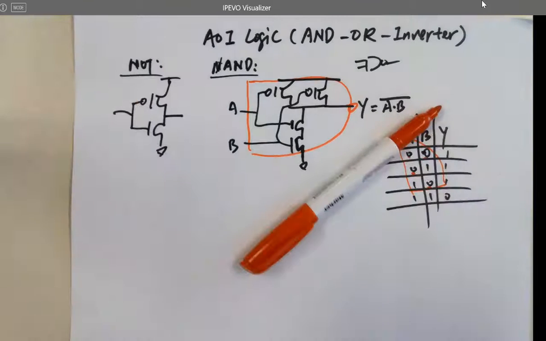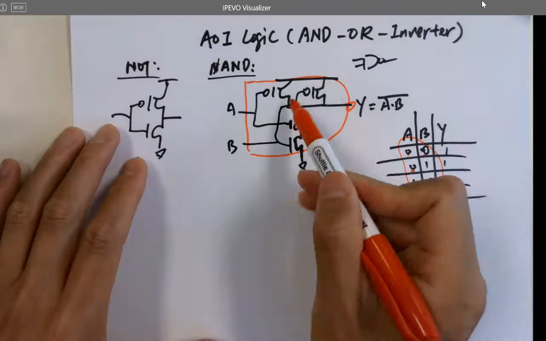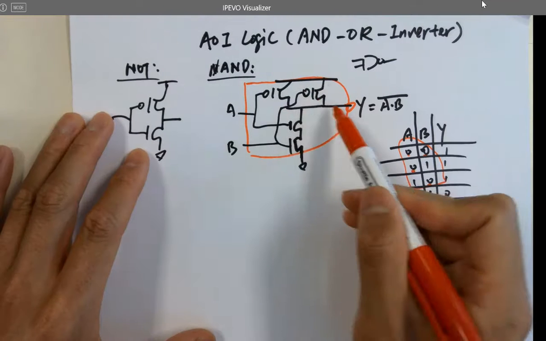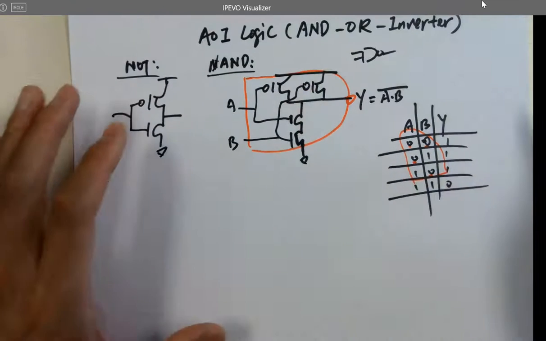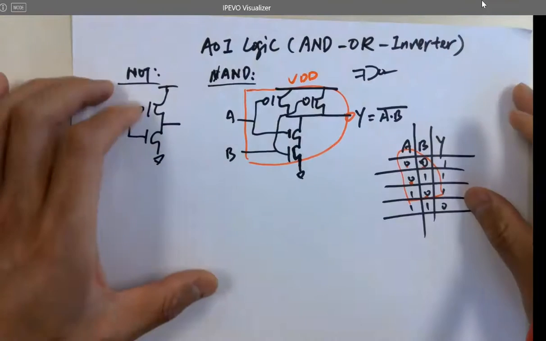So it sounds like you need a parallel, because if either one is on, or both on, you can pull up to VDD. So that's the theory behind it. That's why we draw them in parallel like that on the top. So these 2 PMOSes are in charge of pulling Y to VDD. Make sense?